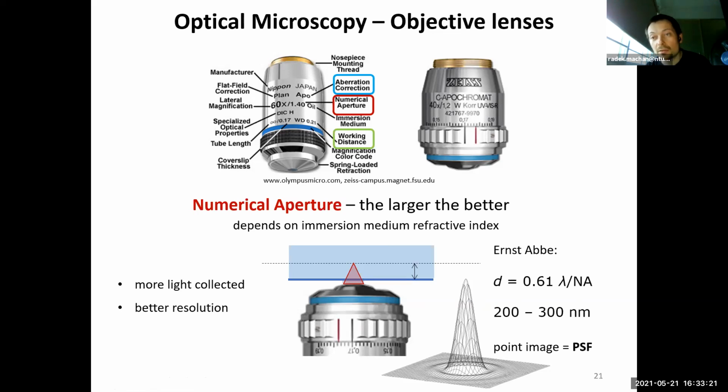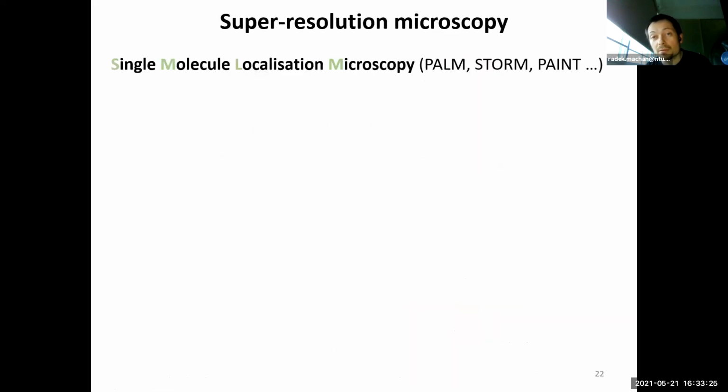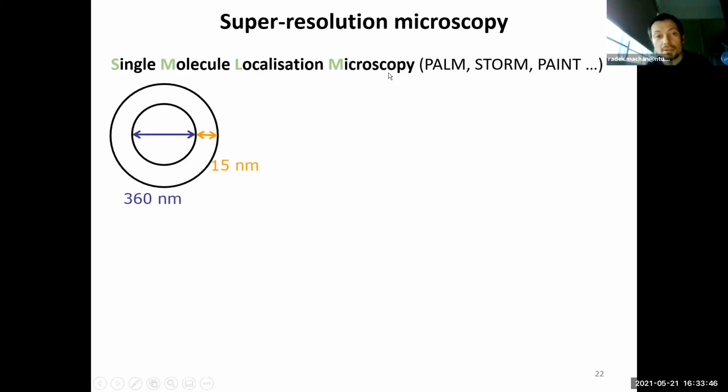But there are, of course, situations where this doesn't hold and where a better resolution can be achieved. These are often called super resolution microscopy. I don't like this name too much because it sounds a bit like supernatural things. One class of these techniques is called single molecule localization microscopy, which works on a very simple principle.